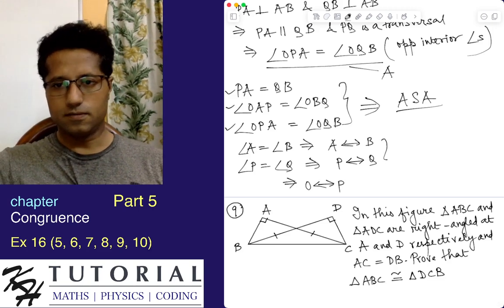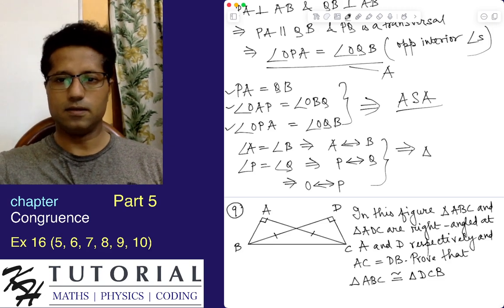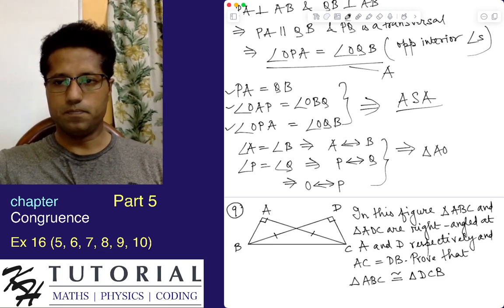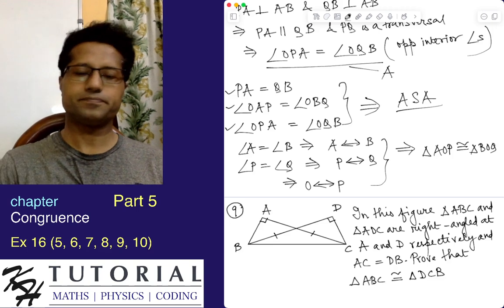So these three mappings of the vertices imply that triangle AOP is congruent to triangle BOQ.